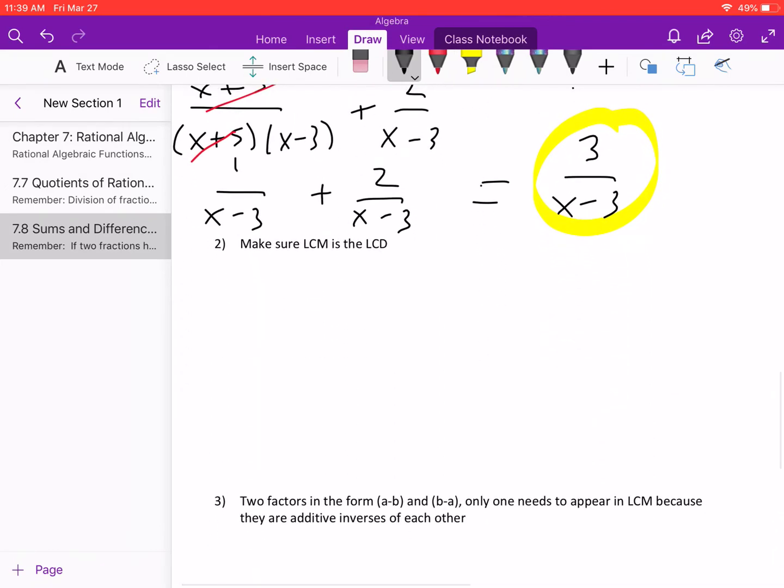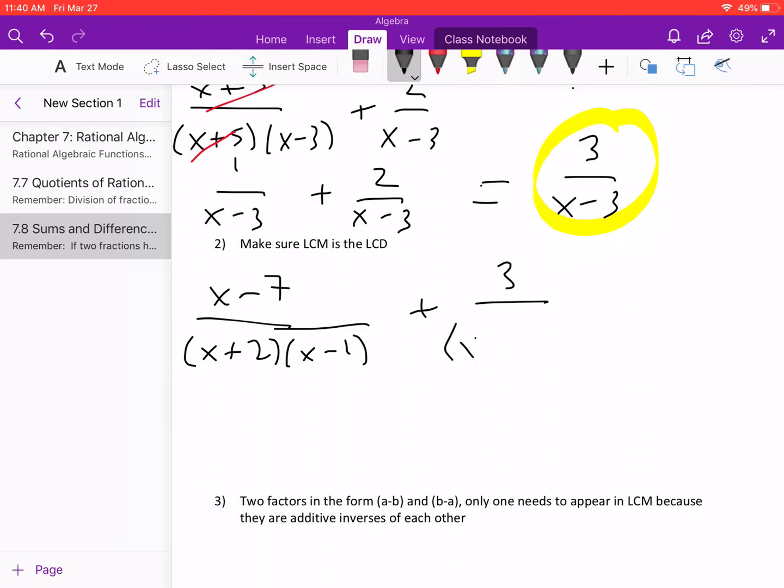Our next rule is to make sure that the least common multiple is the least common denominator. If I have (x minus 7) all over (x plus 2) times (x minus 1) plus 3 all over (x plus 2) times (x plus 4).